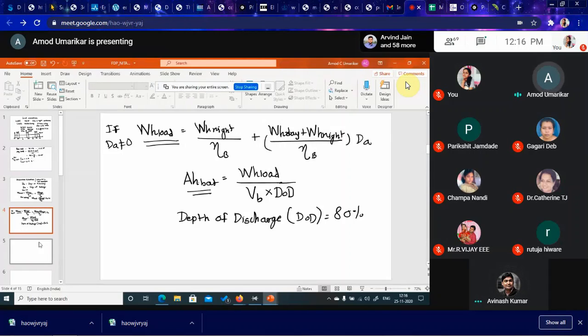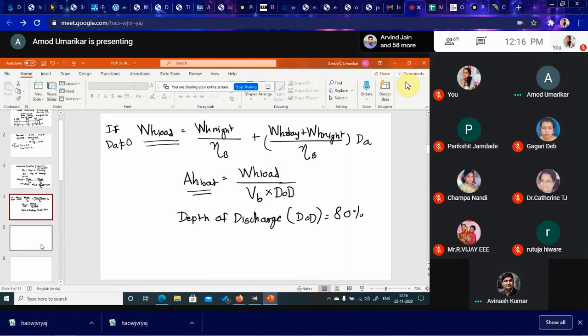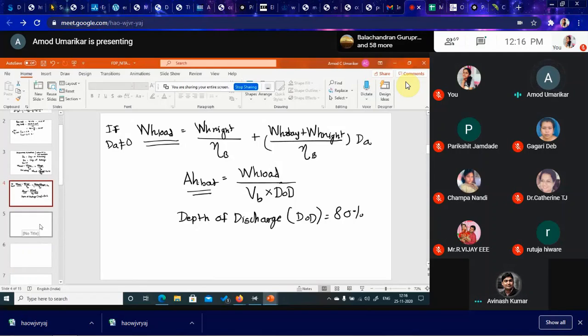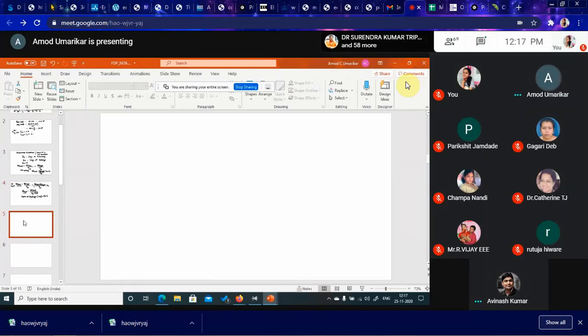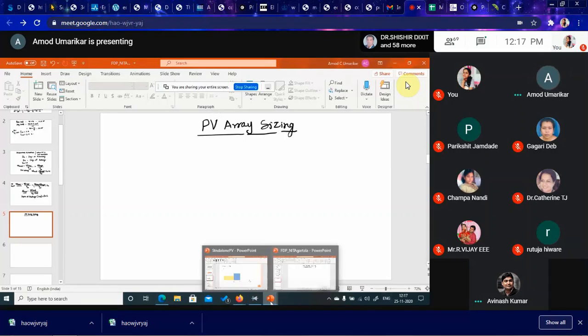Okay. Next part. What will be the next part? Size of the PV, the PV area. Once we know the battery size and we know our load profile, we have to now size the PV area.